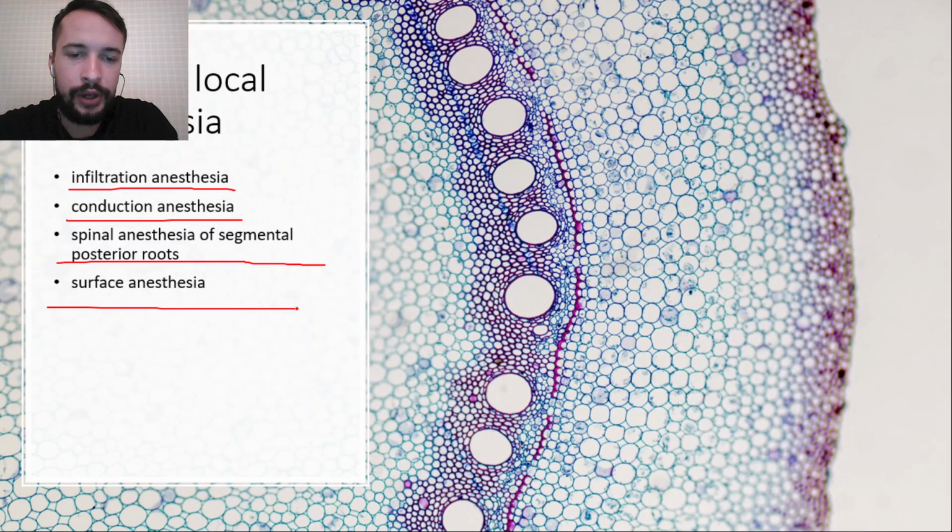Or when we do injection to a nerve branch coming from the area that needs to be anesthetized, it's a conduction anesthesia, or spinal anesthesia of segmental posterior roots. Or sometimes we apply to the surface of the skin or mucous membrane. It is a surface anesthesia. In each case, a local anesthetic diffuses to the nerves from a depot formed in the tissue or on the skin.